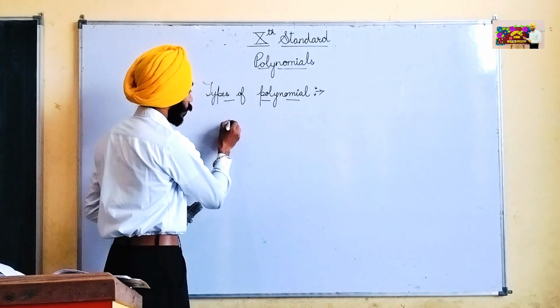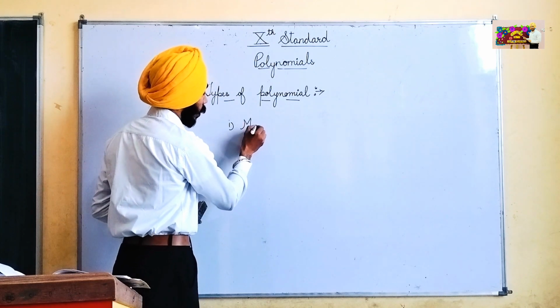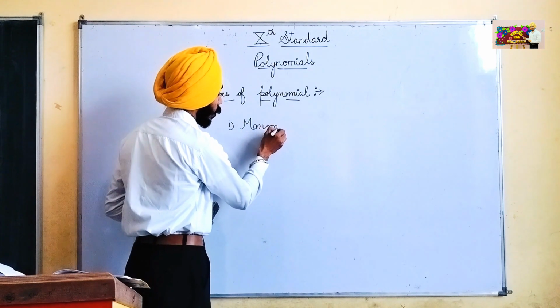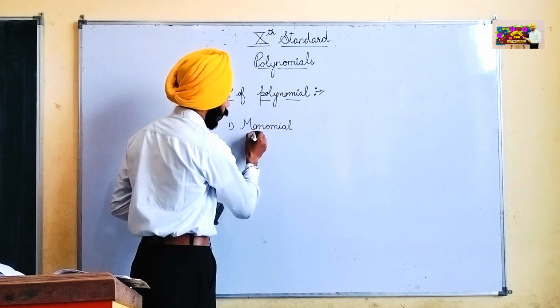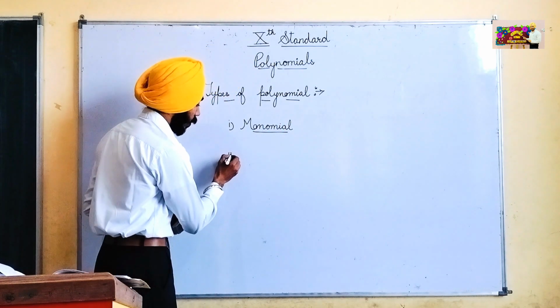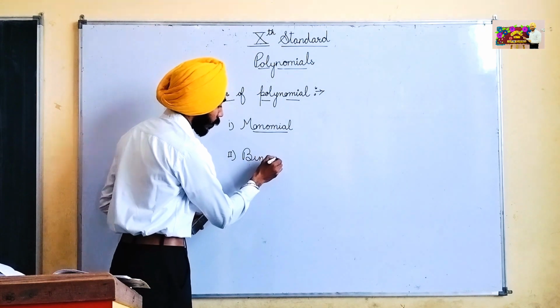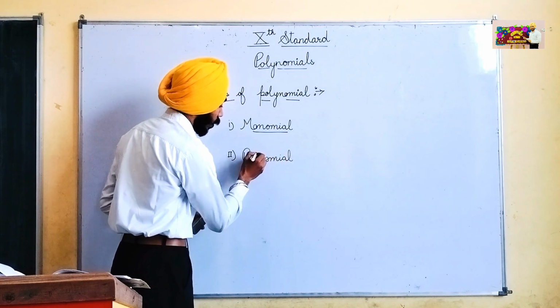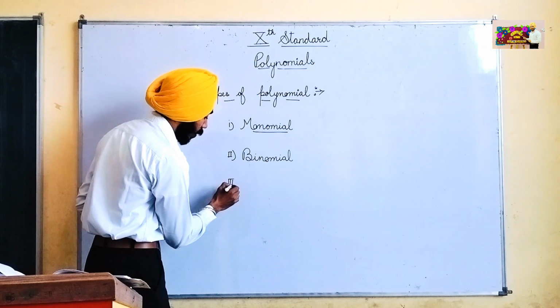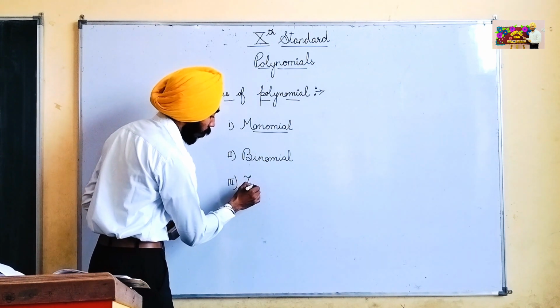First is monomial. Second is binomial. Third one is trinomial.